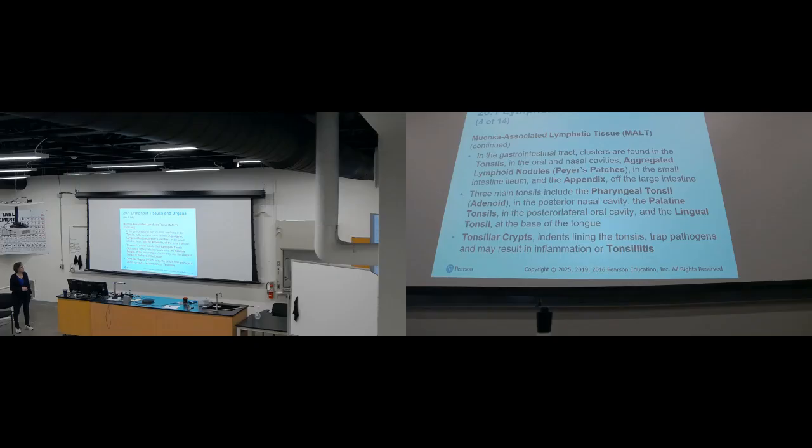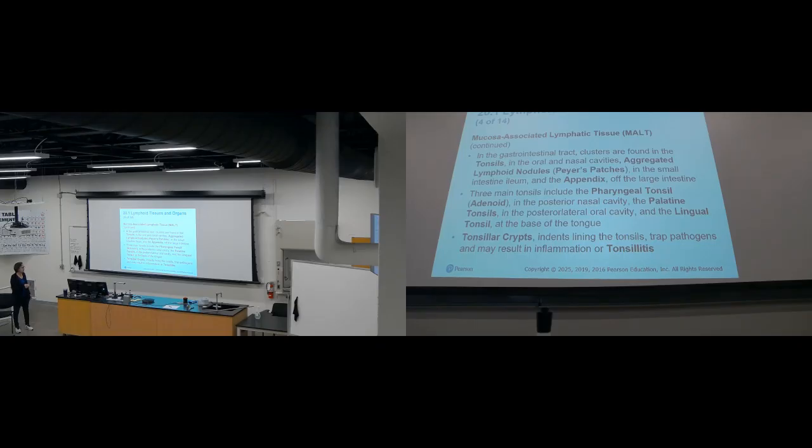So another lymphoid tissue that is small is the palatine tonsils. They're located on the sides of the opening of the oral cavity posteriorly, which is the fauces. These are the ones that you can see when you open wide your mouth in a mirror.